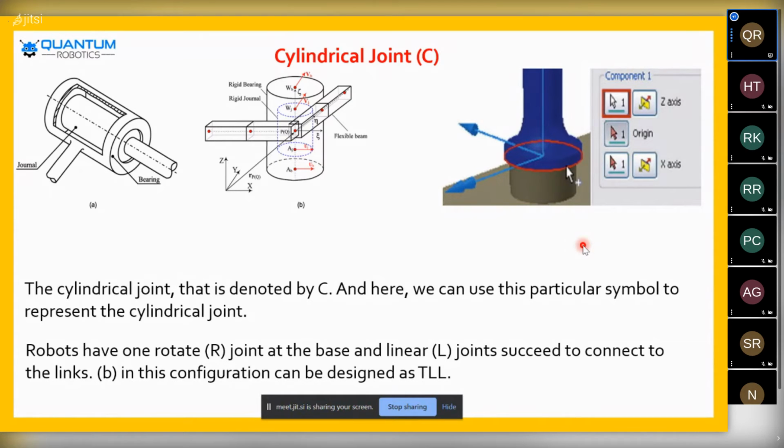And one more thing: you will see what these buttons are and how they can be accessed. There will be the x-axis, y-axis and z-axis, and you have to know the representation of the joints.